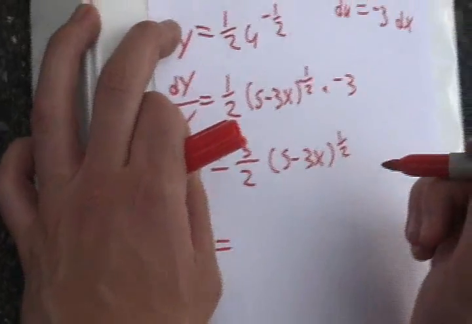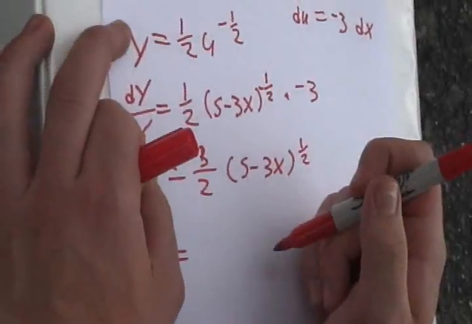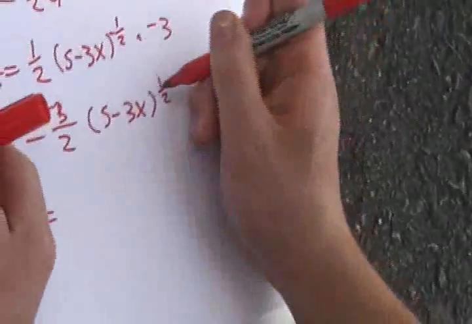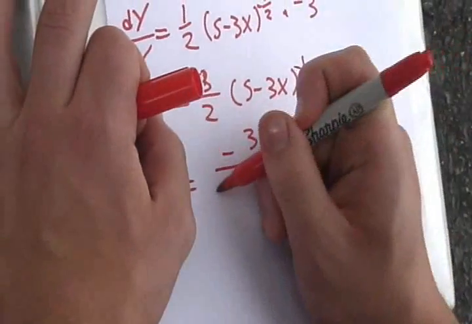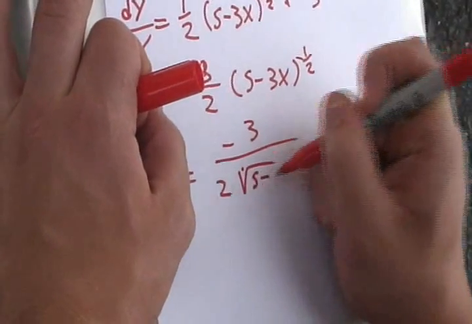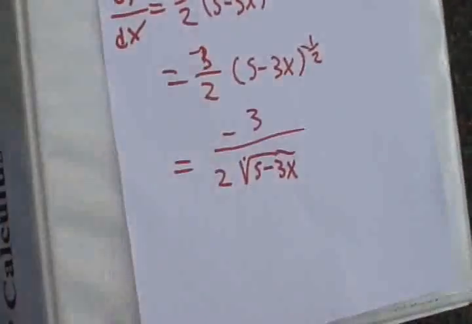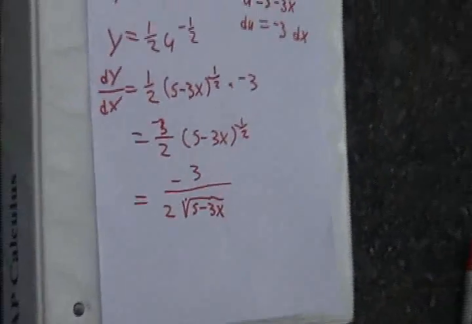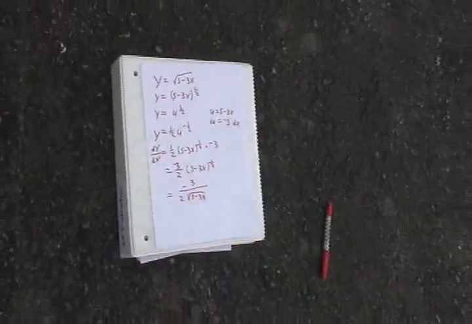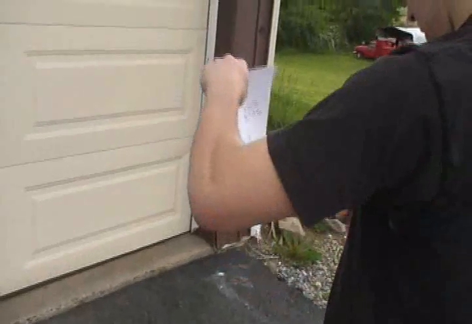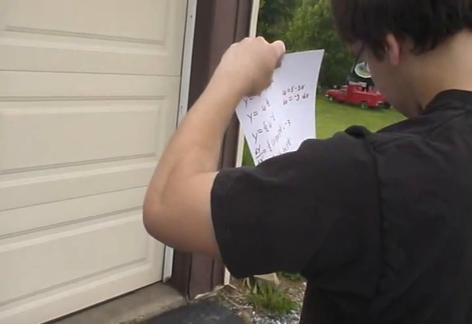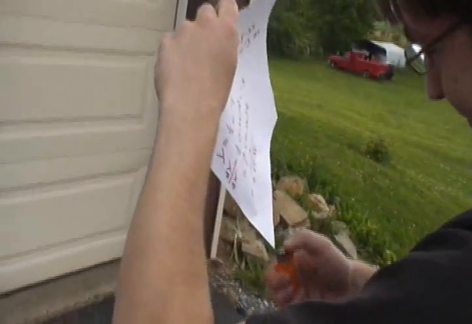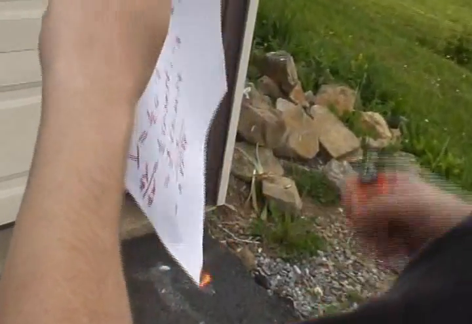Next, I'll move the quantity 5 minus 3x to the negative 1/2 to the denominator. What's wrong? There we go.